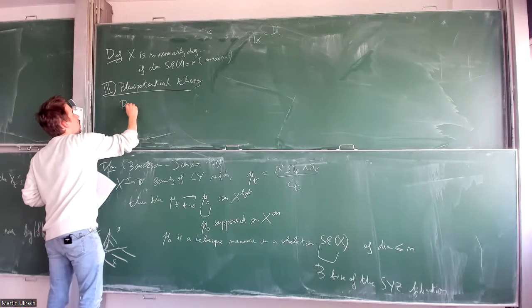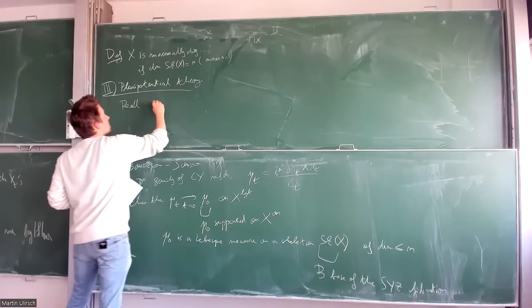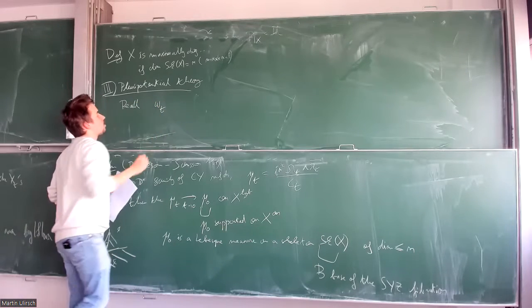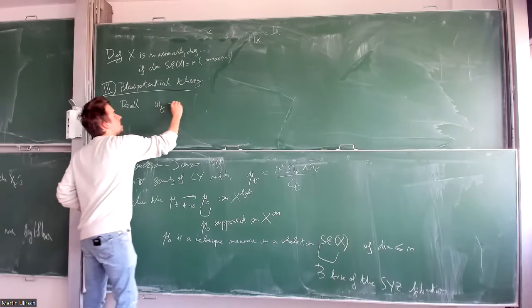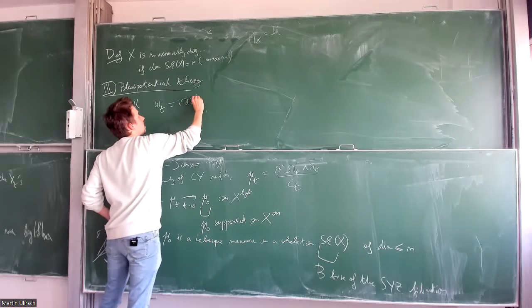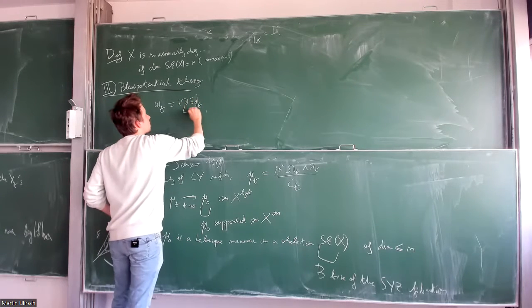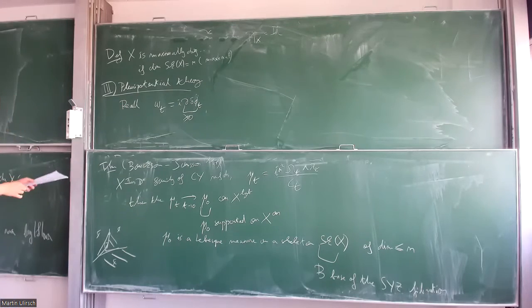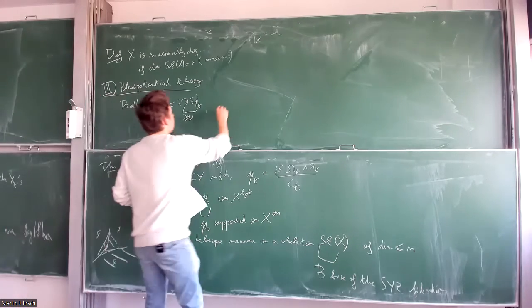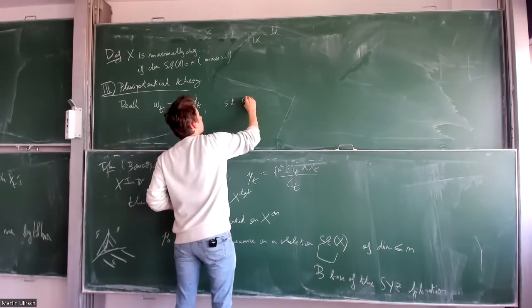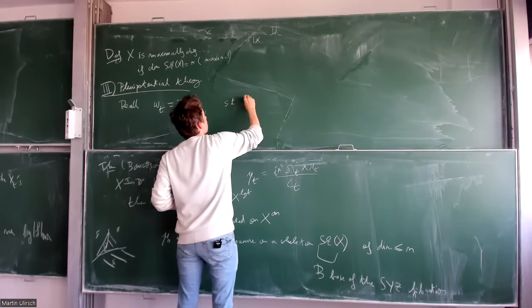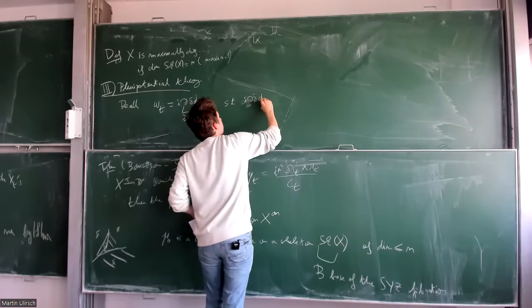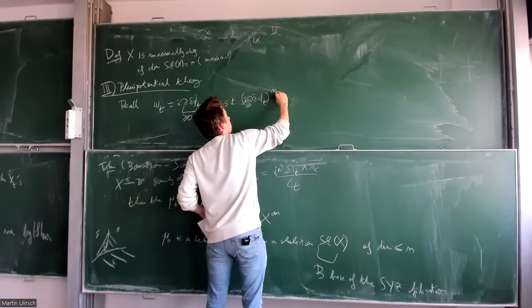So recall that our original motivation was this Kähler-Ricci flow metric, which was i∂∂̄φ_t. So this was a positive (1,1) form, and such that ω_t, maybe I write this as (i∂∂̄φ_t)^n, was μ_t.